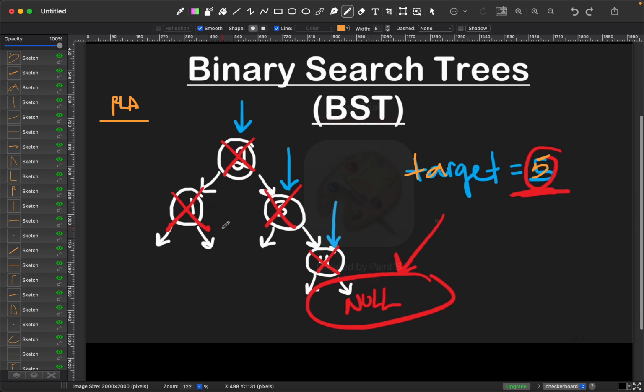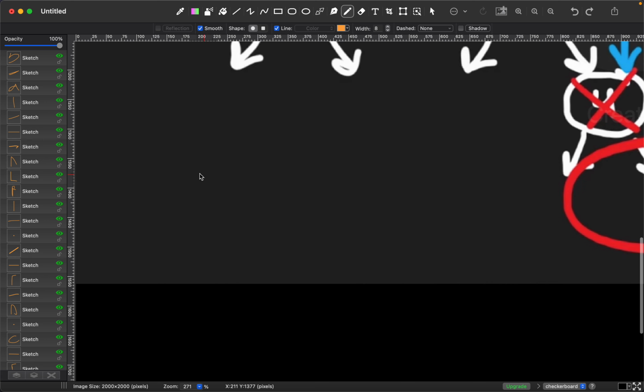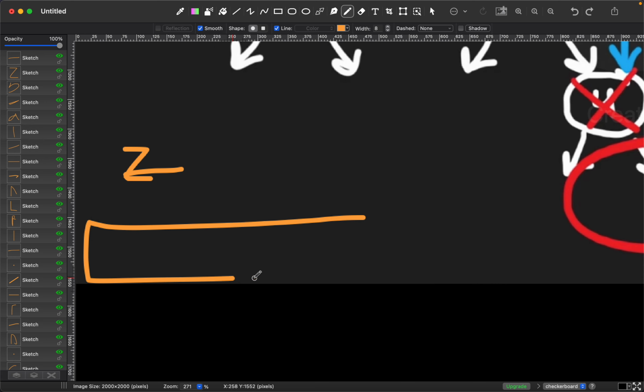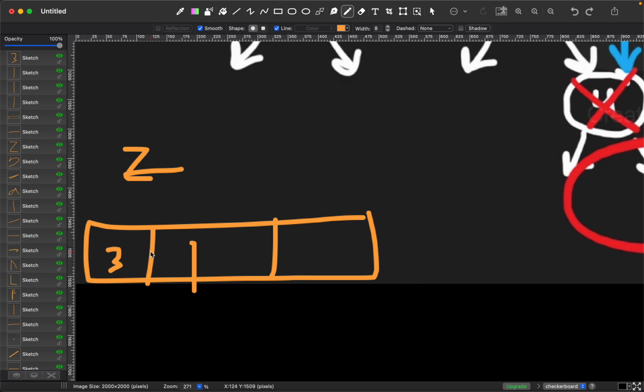Similar to the Z operation, where we talk about a list or array that has been sorted, like 3, 6, 9, 10.